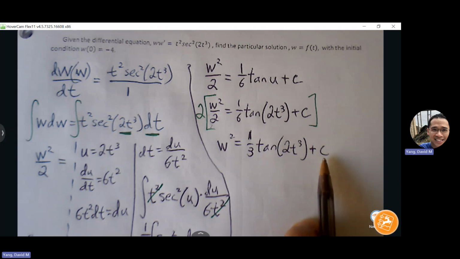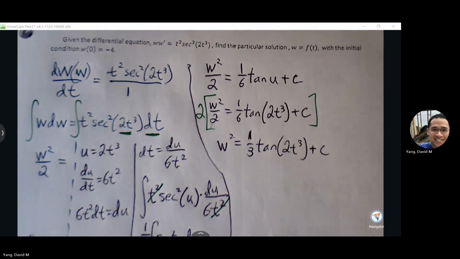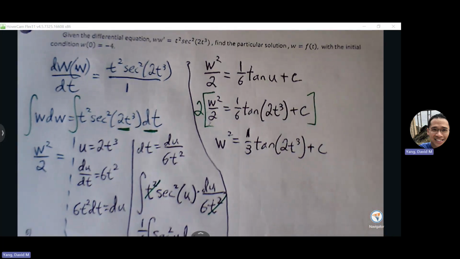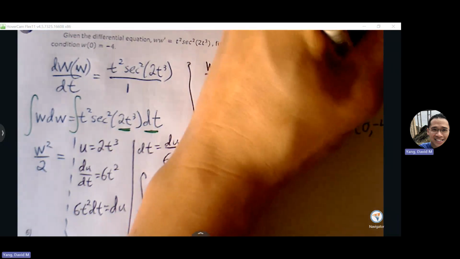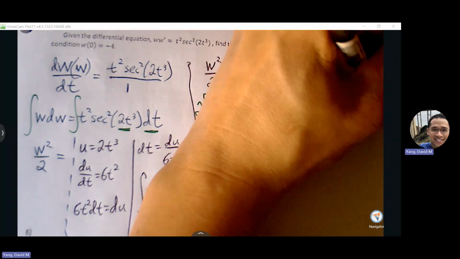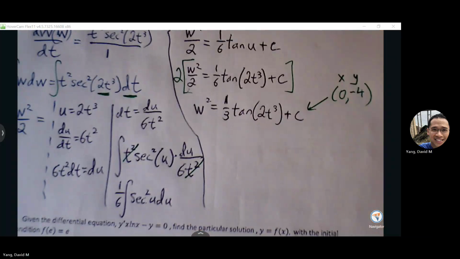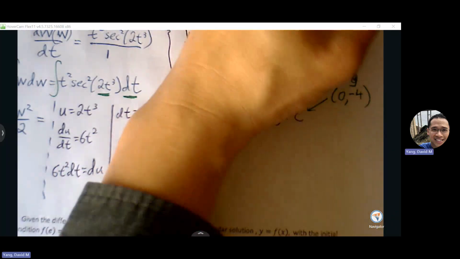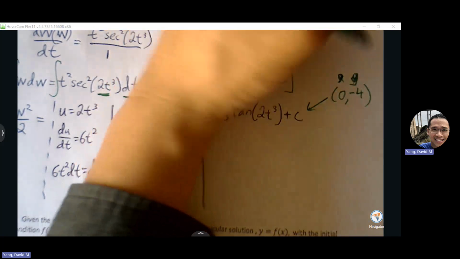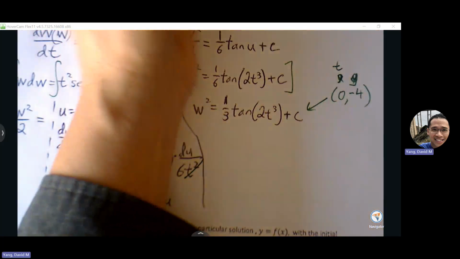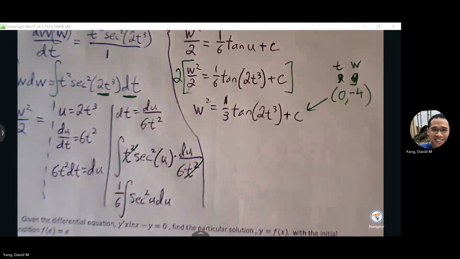So we should leave it as a C. Right, so at this stage, before the square root shows up, I'm just going to go ahead and take care of my ordered pair, since it's an easier variation at this stage. Sorry, not x and y, right? 0 goes in for t, -4 goes in for w.